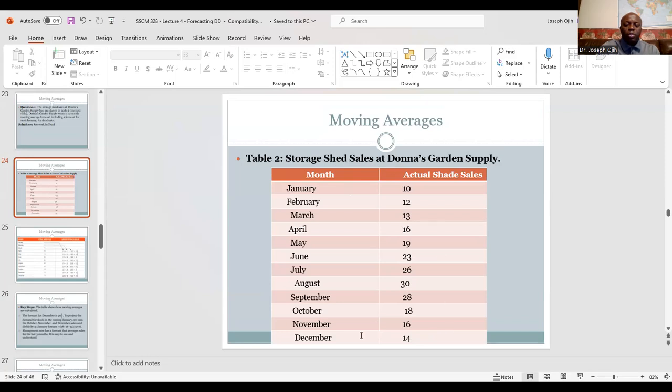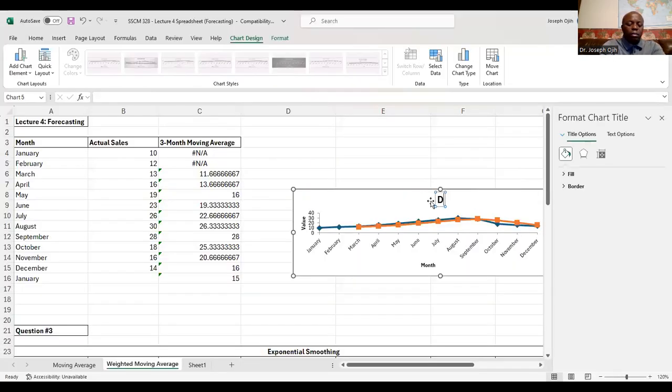So that title should be different. So that'll be Donors Garden Supply sales.